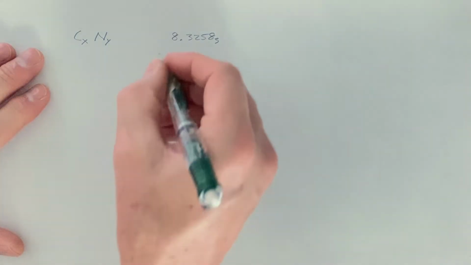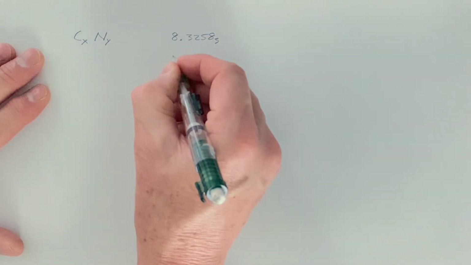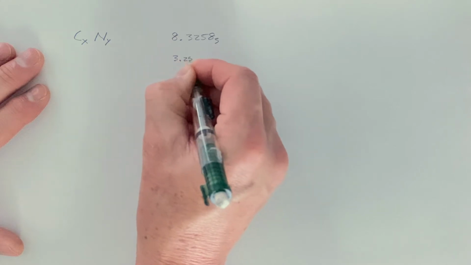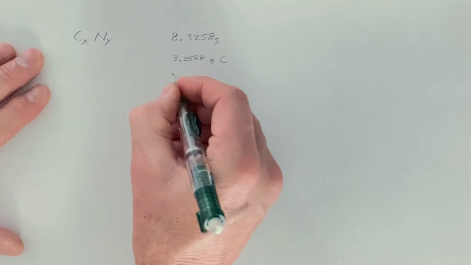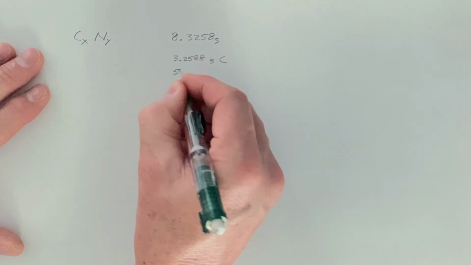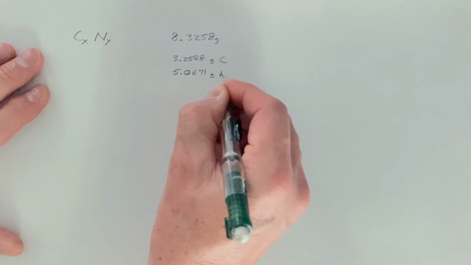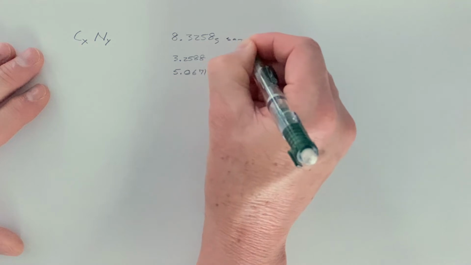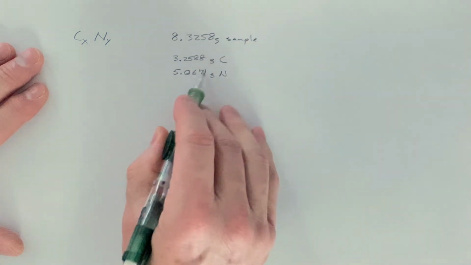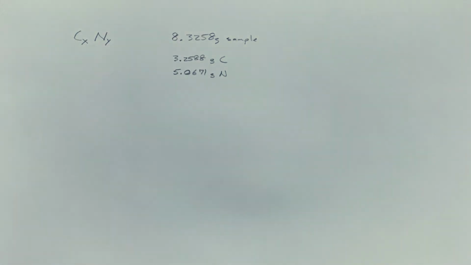Perhaps we ascertain that this 8.3258 gram sample contains 3.2588 grams of carbon, and it contains 5.0671 grams of nitrogen. So we have 8.3258 grams of sample, and we have the individual masses of the carbon and nitrogen that are in that sample.